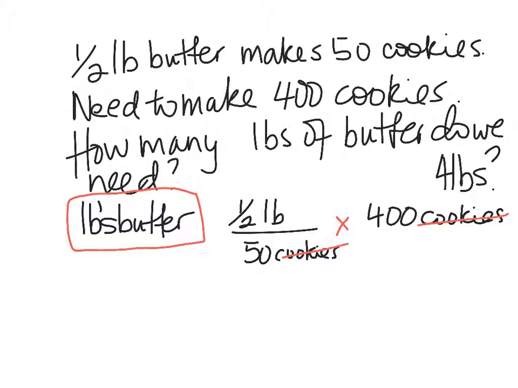I dropped the zeros, and then I took a half of 8, and that's 4. You have to put it like that. When you do dimensional analysis in this unit, you're going to set them up as ratios. Put like 400 divided by 50 times 1.